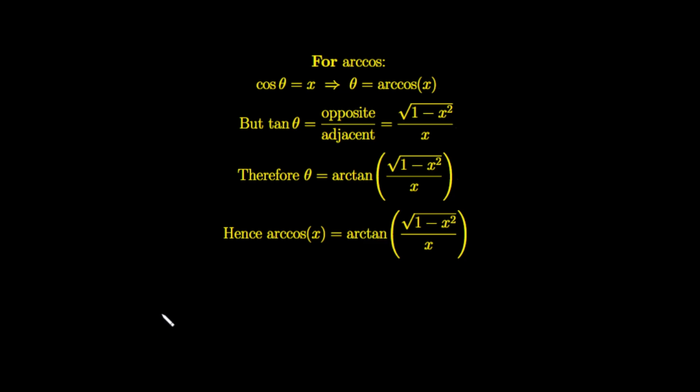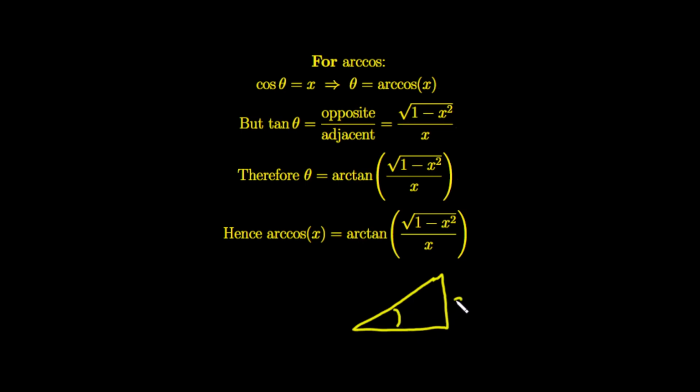We can use a similar argument in order to work out the arccos function. We know that the cosine of a function is the adjacent divided by the hypotenuse, but the hypotenuse is a length 1, therefore the cosine is just going to be the adjacent divided by 1, which is just the length of the adjacent. But the length of the adjacent in this case here is the root of 1 minus x squared. So we would have our triangle and our angle here that we're interested in.